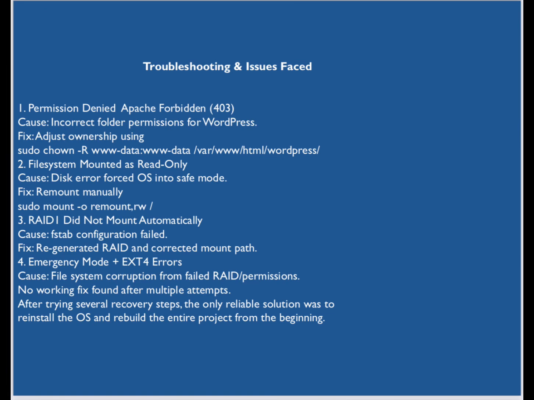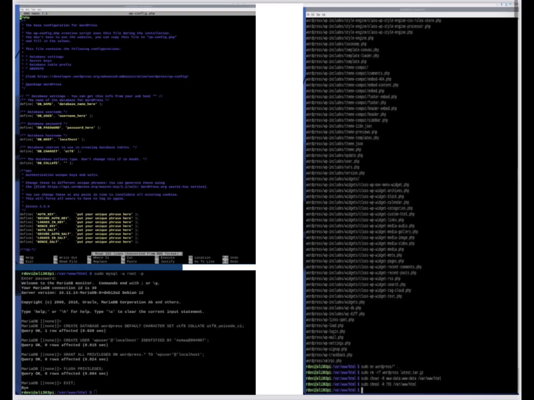I tried many attempts, but the corruption was too deep and the operating system failed to load completely. In the end, the only reliable solution was to reinstall Raspberry Pi OS and rebuild the entire server from the beginning. Although this was time consuming, it taught me that one problem can delete everything.